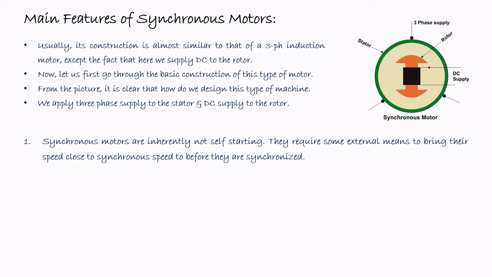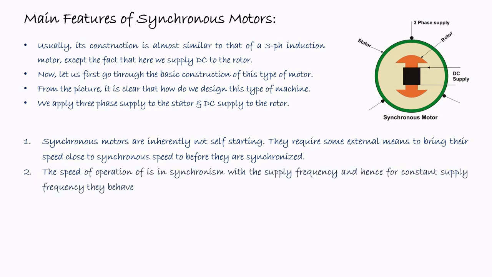As the name of the machine is synchronous motor, this motor can run only at synchronous speed. Whether it is loaded condition or no load condition, the motor will always run at synchronous speed. Otherwise, it will not rotate. The speed of operation is in synchronization with the supply frequency, and hence for constant supply frequency they behave as a constant speed motor irrespective of the load condition.